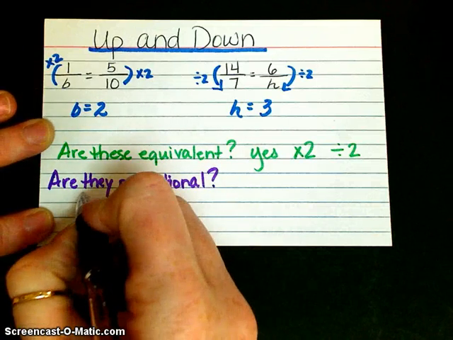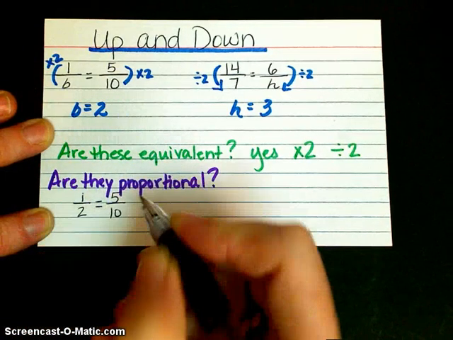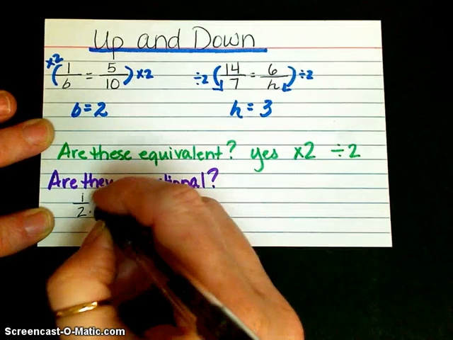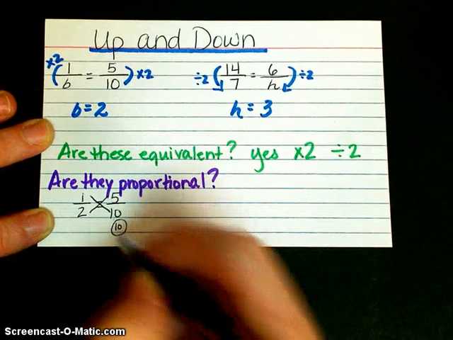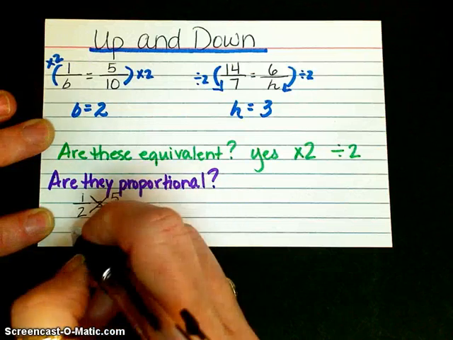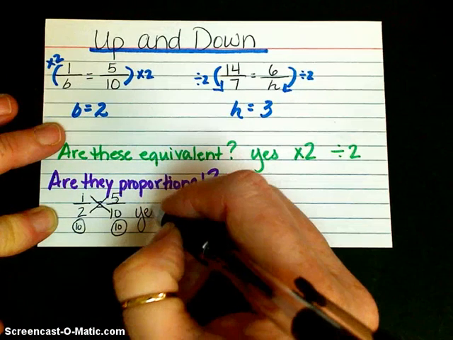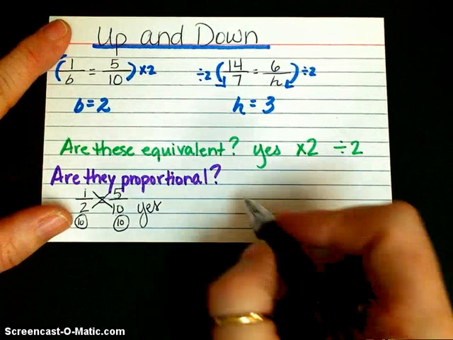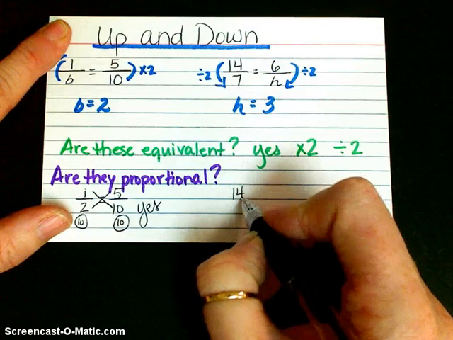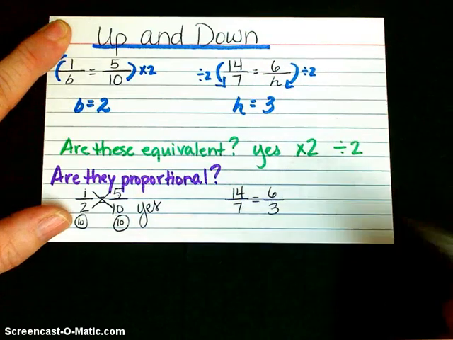Well, I have 1 over 2 equals 5 over 10. Let's cross multiply. 1 times 10 is 10. 5 times 2 is 10. So we know this one's proportional. Okay? Now let's look at the second one. 14 over 7 equals 6 over 3.